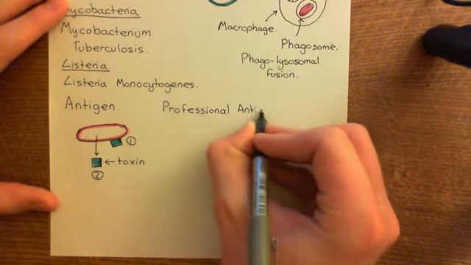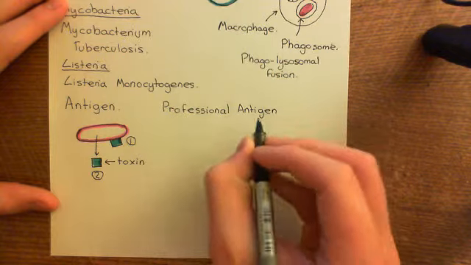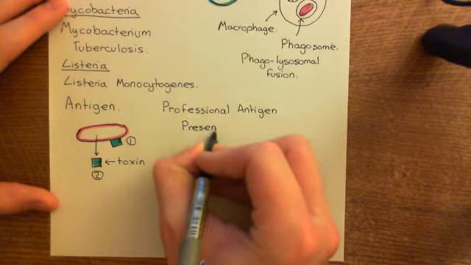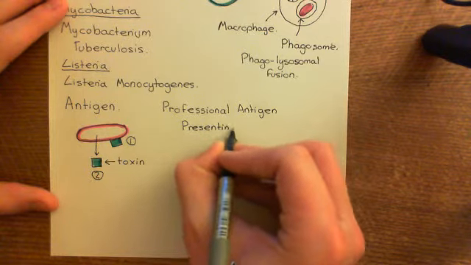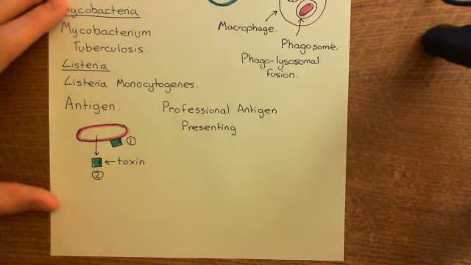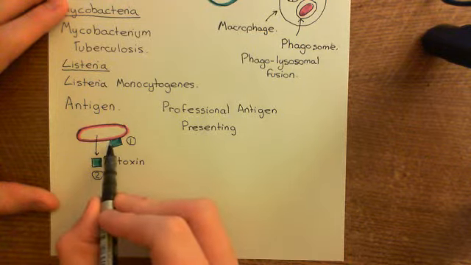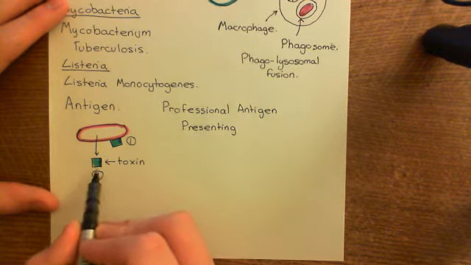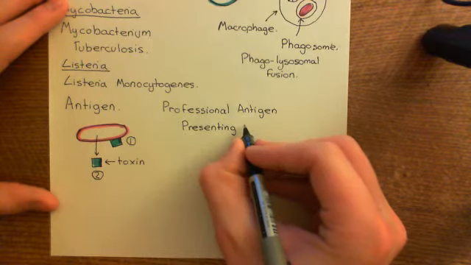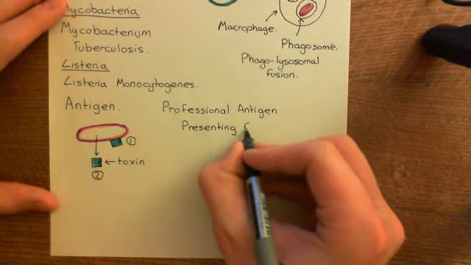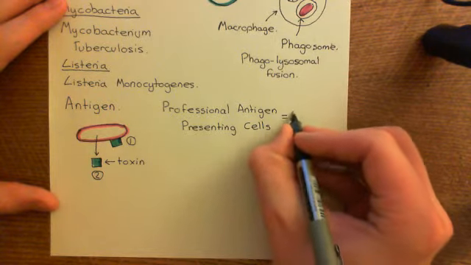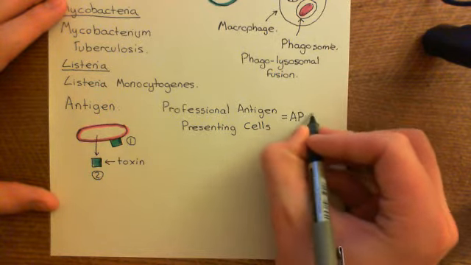What these cells are going to do is phagocytose the extracellular pathogen into a phagosome, break that pathogen down along with all of its proteins, and then process the antigens that are on the surface of the pathogen, or potentially the antigens being secreted from the pathogen. So let me explain. Professional antigen presenting cells are often abbreviated to APCs for short.